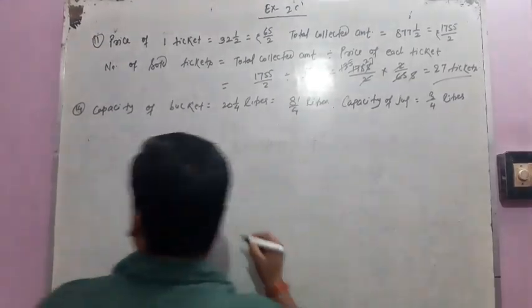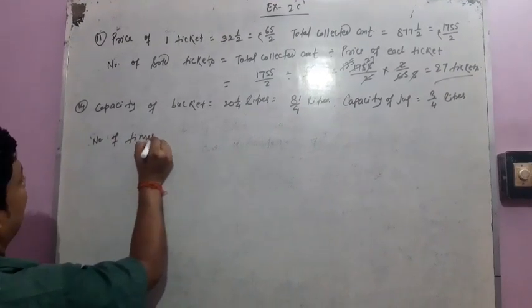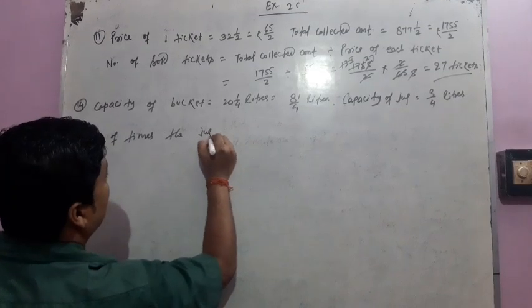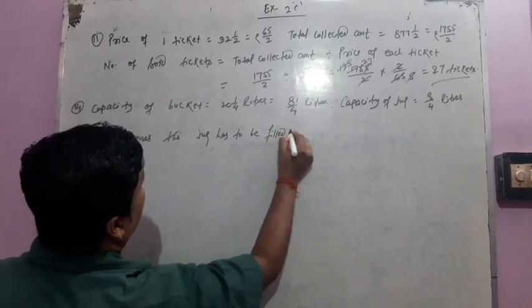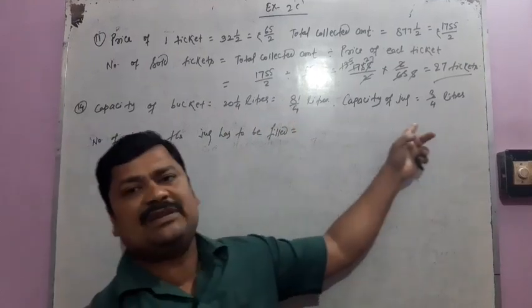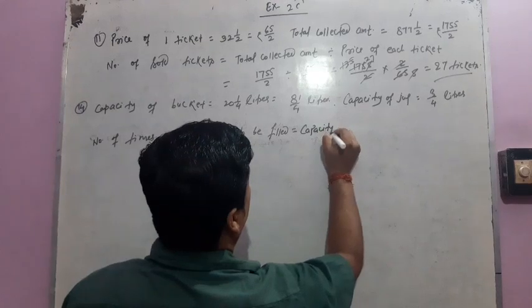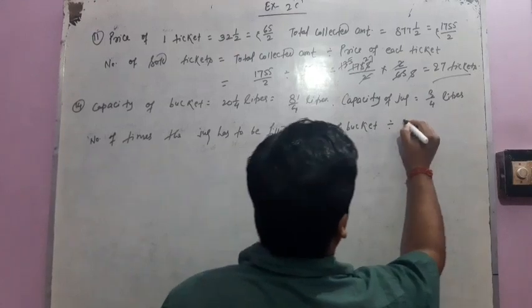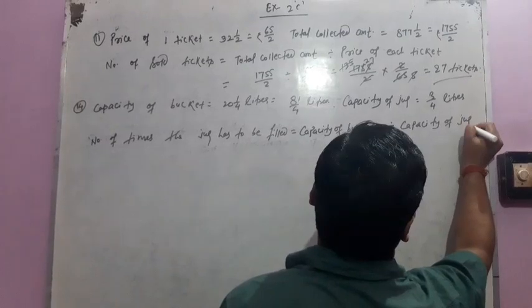So number of times the jug has to be filled is equal to, for that we divide the capacity of bucket by capacity of jug.